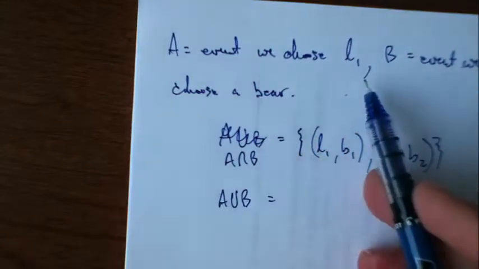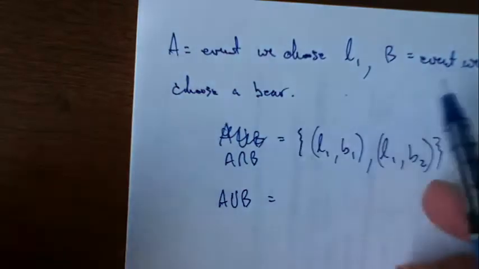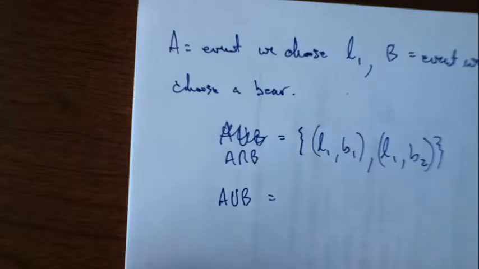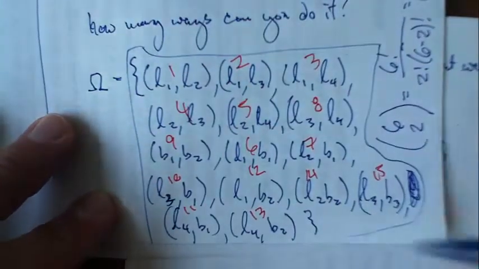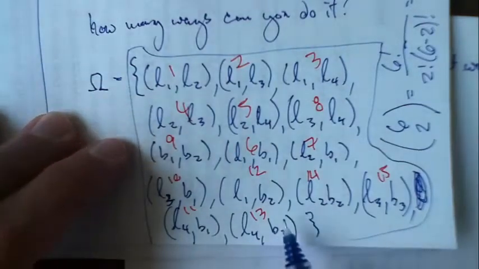Okay. Now what about A union B? That means that we're either choosing the first lion or a bear or both. This is going to be a considerably larger set, right? In fact, this is sort of like my sample space, so I could draw a big box around this and think of this as a Venn diagram, where I am choosing the first lion or a bear at all.